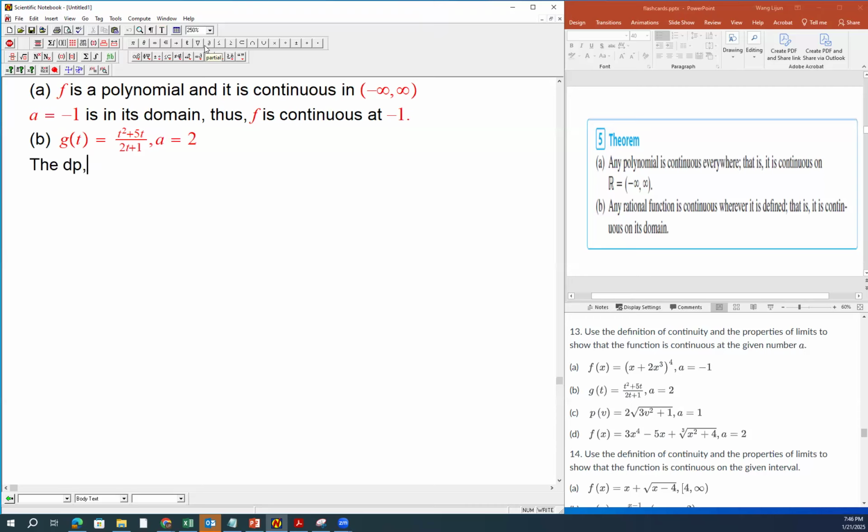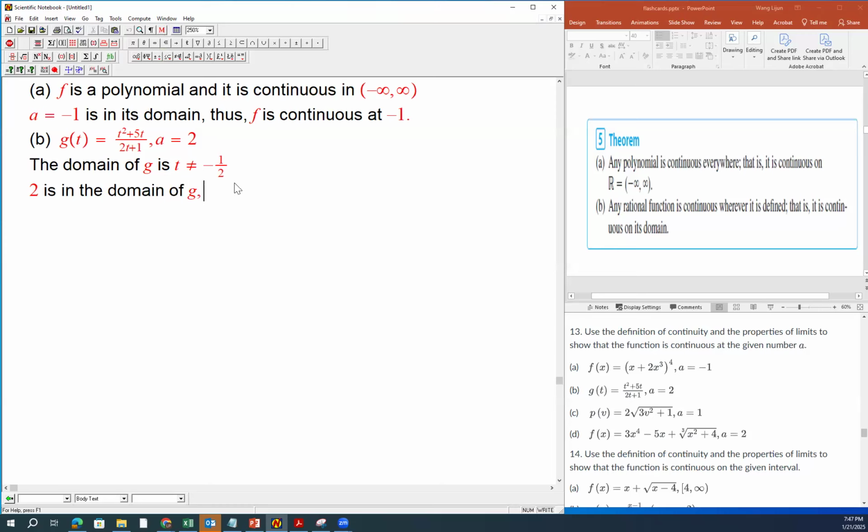Then you say the domain of G is t not equal to negative half. In other words, G is defined everywhere but negative half. 2 is in the domain, so you say 2 is in the domain of G.